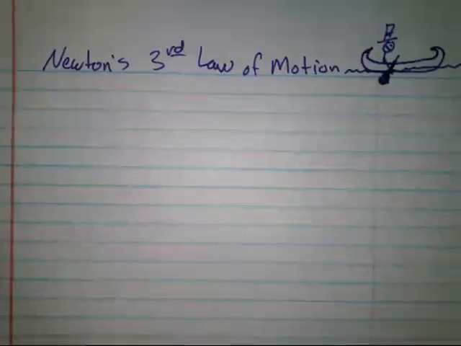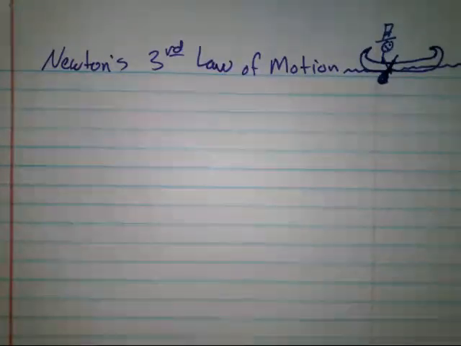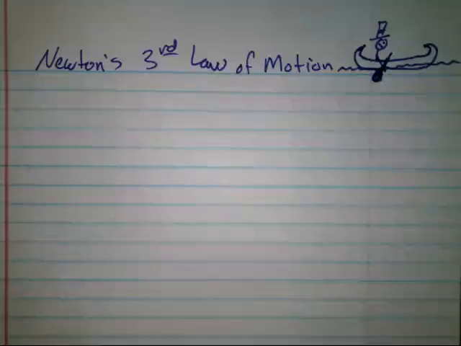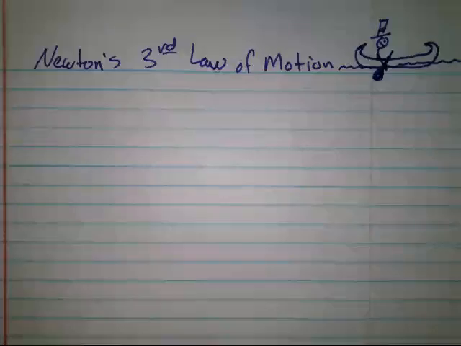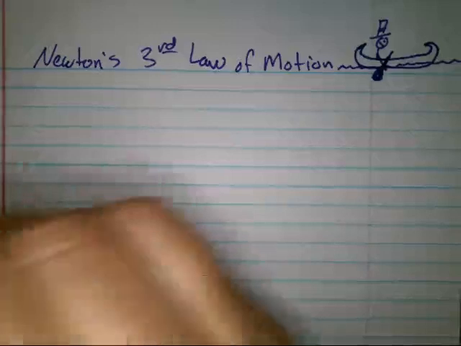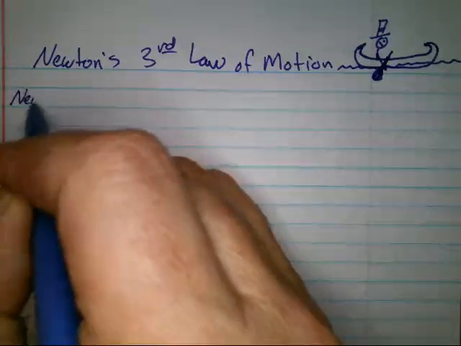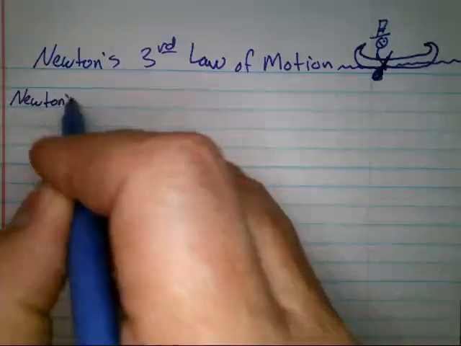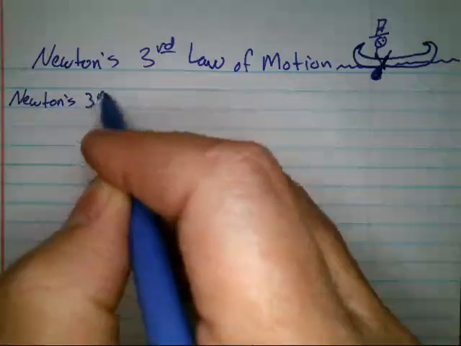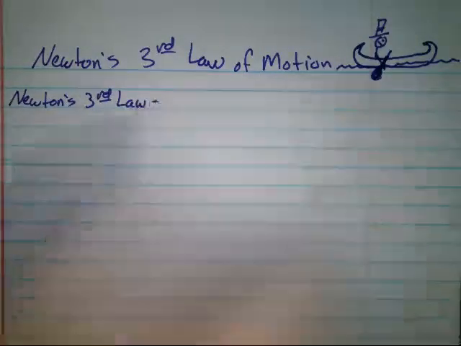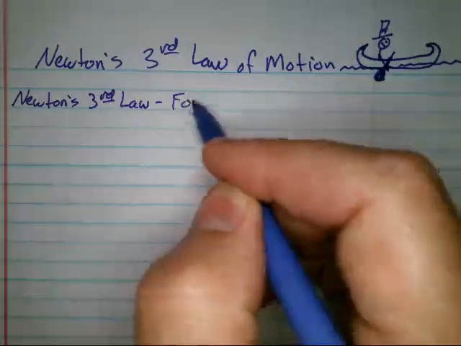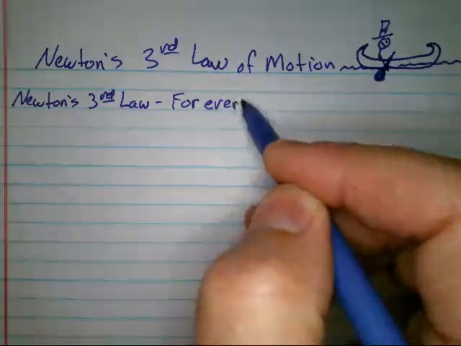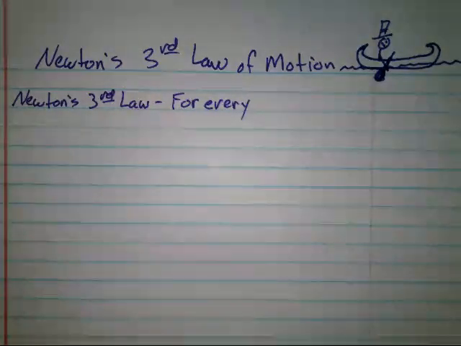All right, so here we go. Newton's third law of motion, the last of the three that we're going to discuss, is all about forces acting in pairs. Let's write Newton's third law out first. It says, for every, and that's a pretty big statement in science, all or for every.